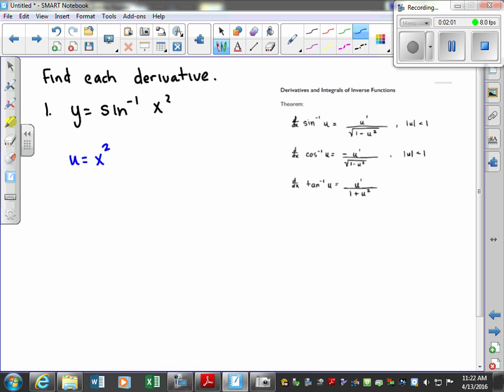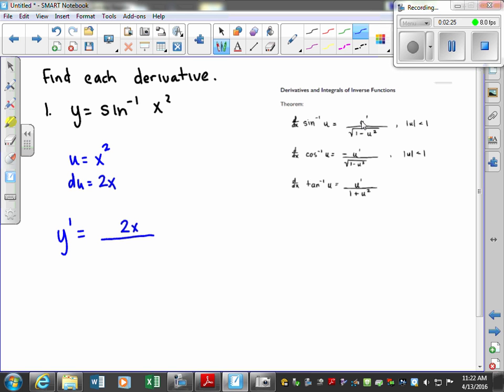What would u prime be? Just going to be 2x. Okay, so now let's plug this u and u prime into here. So I'm going to bring down y prime. It's going to be 2x, so du is the same thing as u prime.